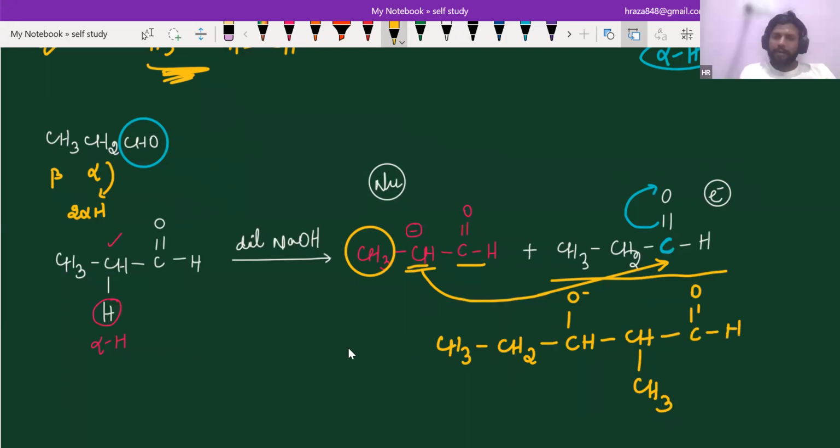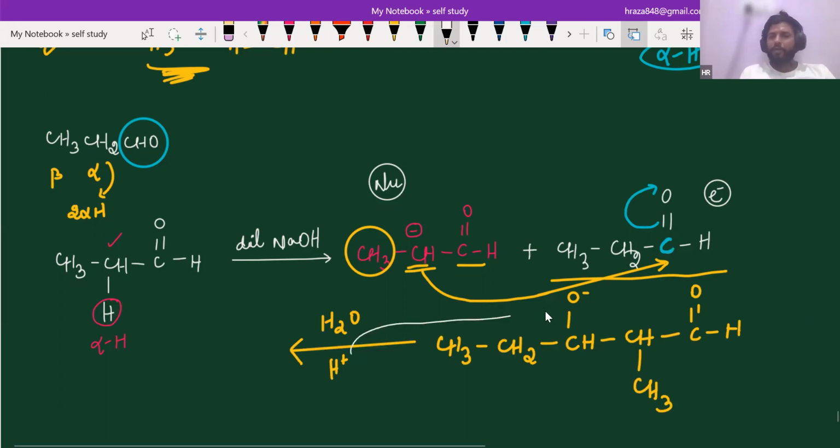Again, what I'm going to do is the hydrolysis, in which you know that H plus is there. So this H plus will directly go and connect with this O minus. So what will be the new product?